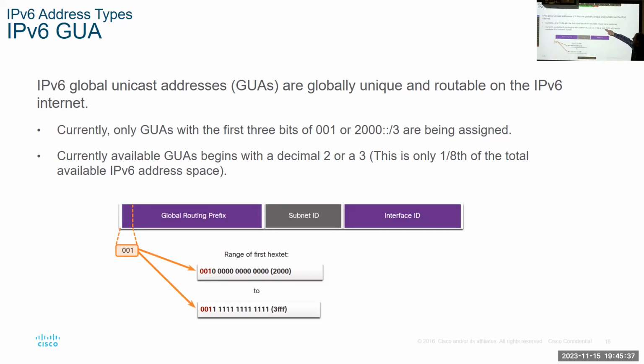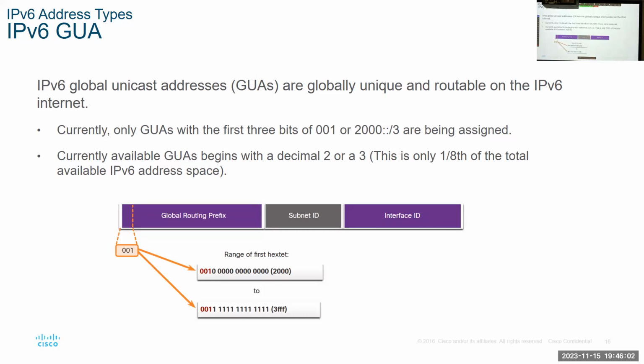So basically 2000/3 just means that the first 3 bits are what makes it a globally unique address. All the rest of the bits can be whatever. But if the first 3 bits are 001, then that makes it a globally unique address.